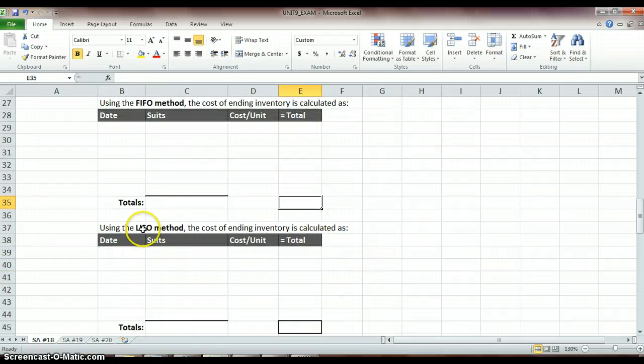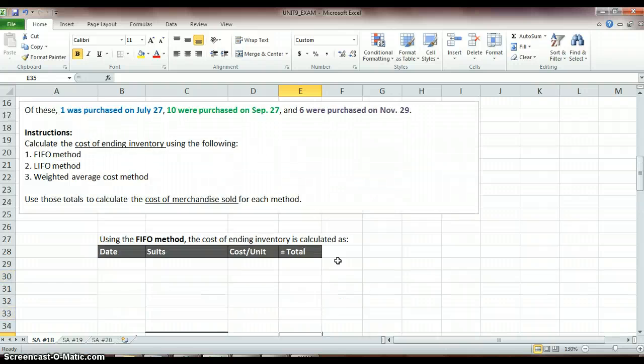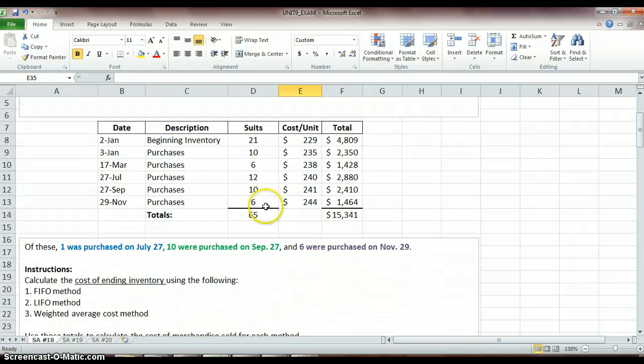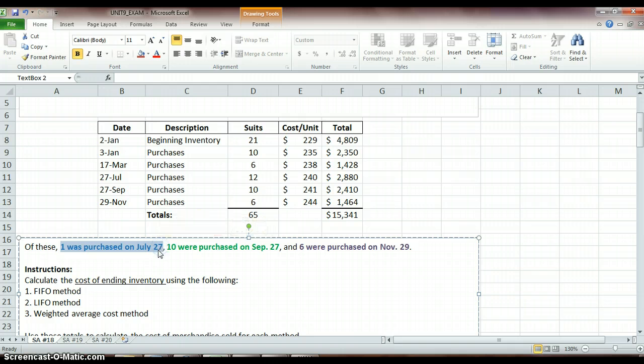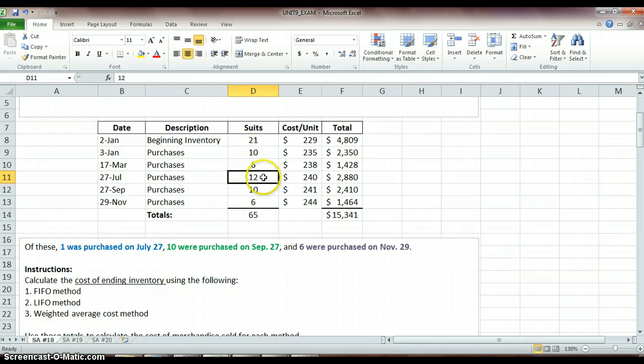Then with the last in, first out method, that tells us that we want to ship out the items that we got in last. One suit was purchased on July 27th. So if we're sending out a suit that was purchased on July 27th, we're going to take that from this July 27th purchases group.